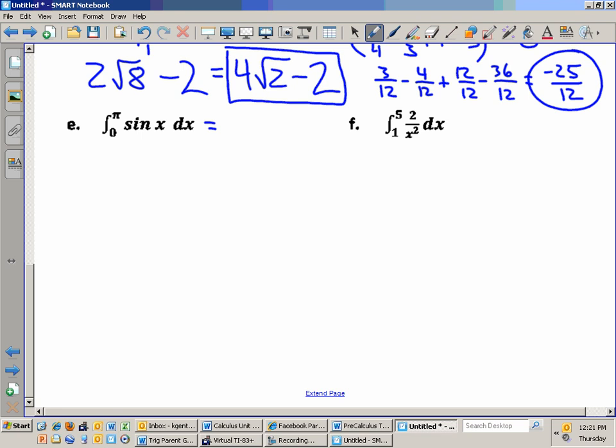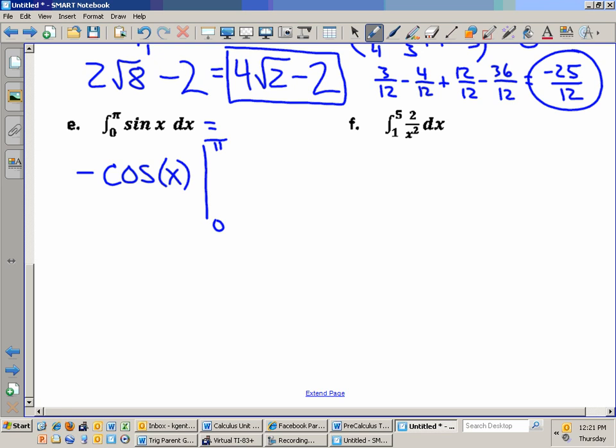So the antiderivative of sine can't be cosine. Negative cosine. And if you need to check, you could try taking the derivative. The derivative of cosine is negative sine, and then make it negative again, so it's a positive sine. So we need to be able to go back and forth between those things. And trust me, guys, we'll spend a lot of time in this class figuring out antiderivatives, because some of them are really hard. A lot.